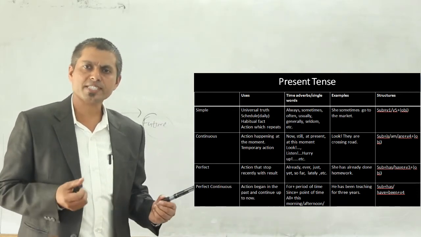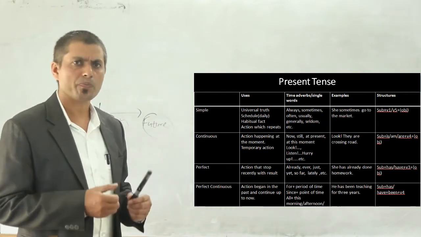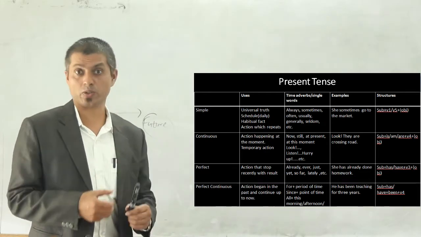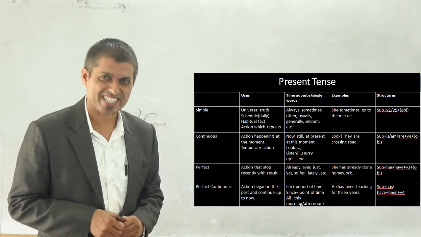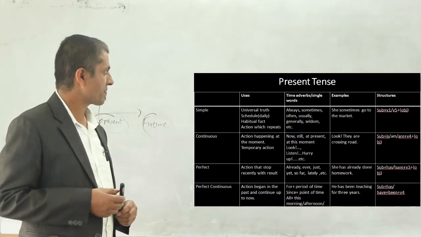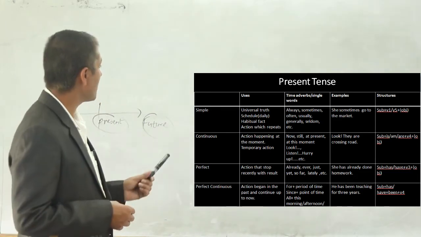Hurry up, the time is running out. Let's go, hurry up, it is raining. Like this, it also tells present continuous tense. So these are some of the time words that generally come in present continuous.